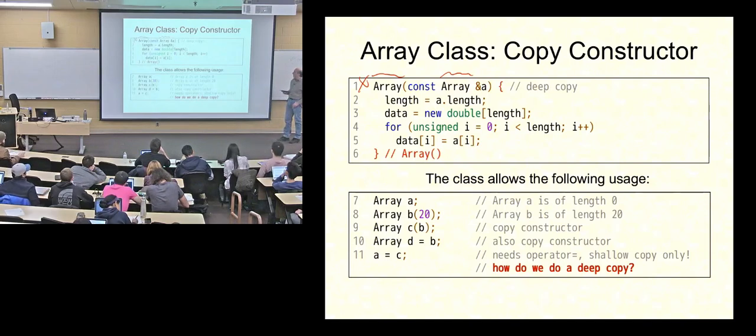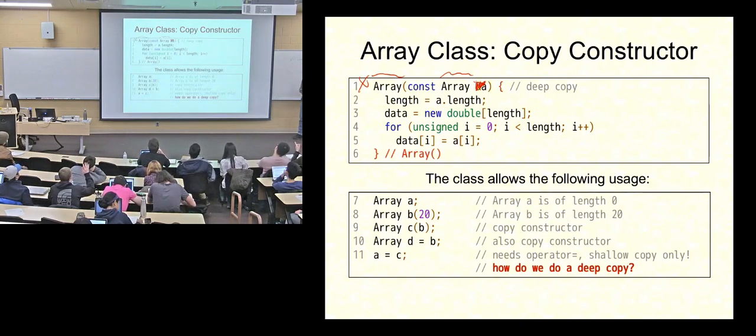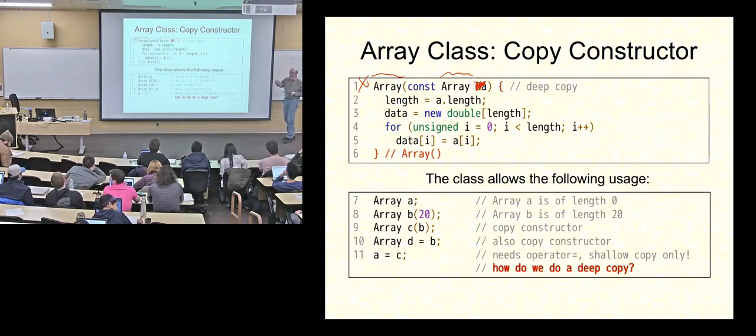Now the array reference, we said, hey, you should pass things by reference for efficiency. What happens if I get rid of that reference? Yeah. Infinite recursion, because remember, if we pass something by value, how do we pass by value?